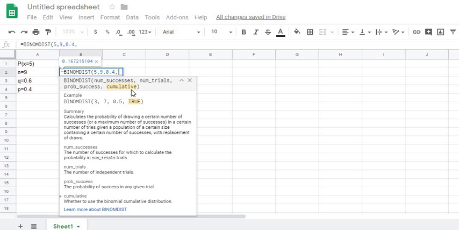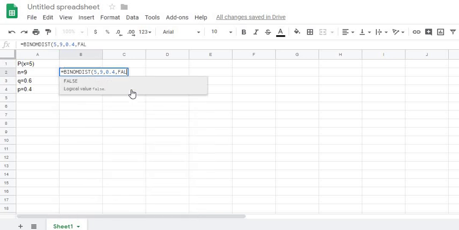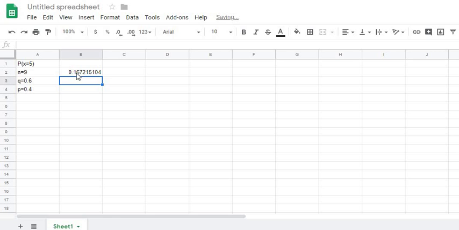So you would type in false, F-A-L-S-E. Now close the parentheses and press enter. You can see that we find the same probability we found for part A. So if you want to use Google Spreadsheets to calculate these binomial probabilities, this is how you would do it.